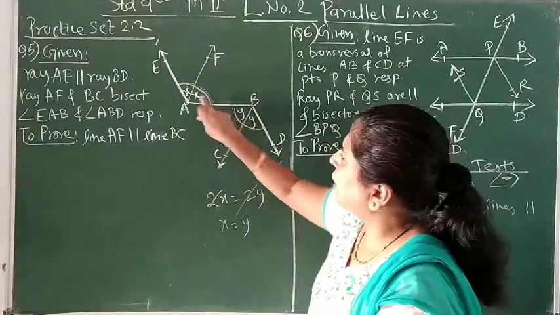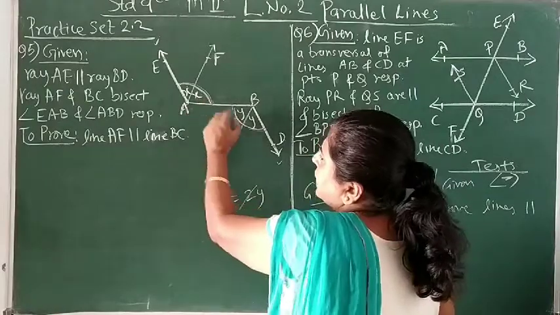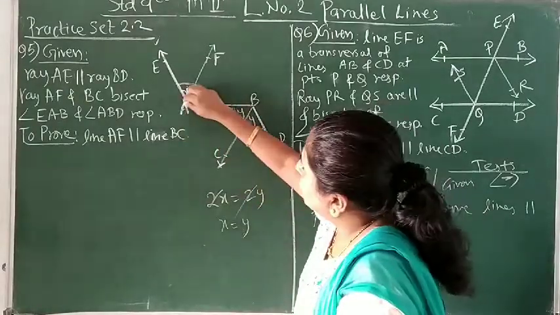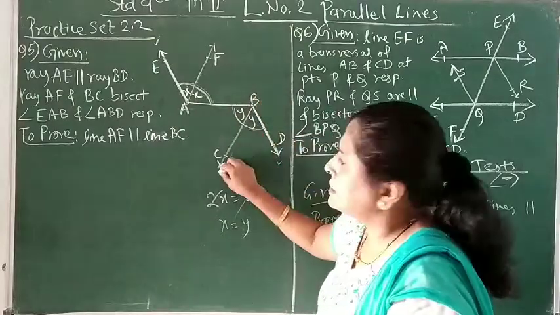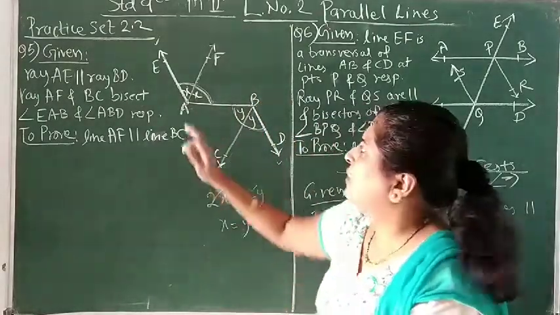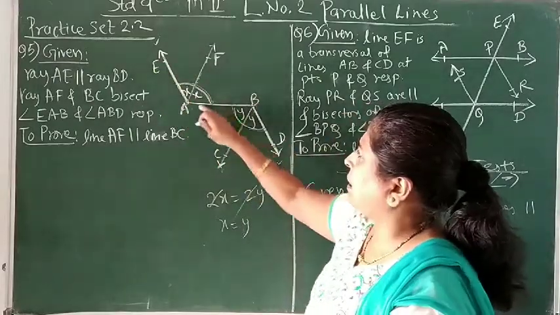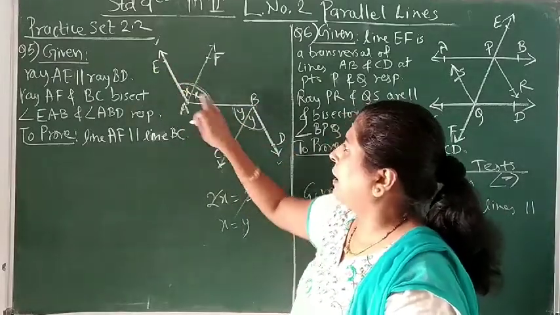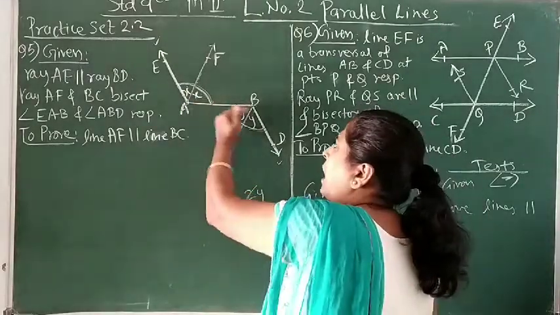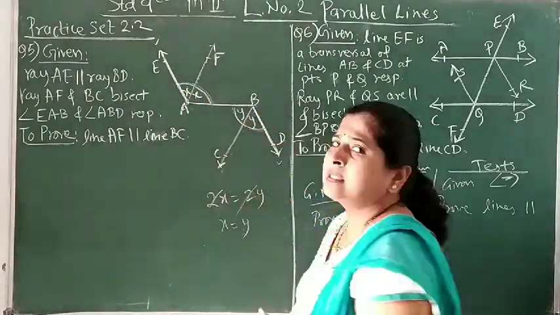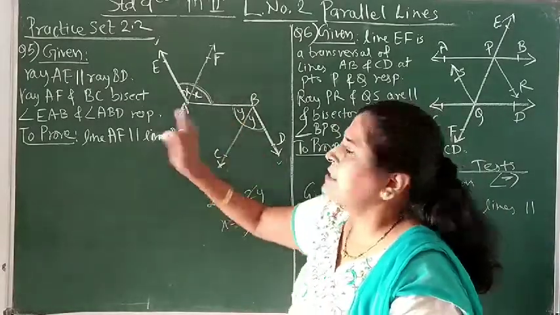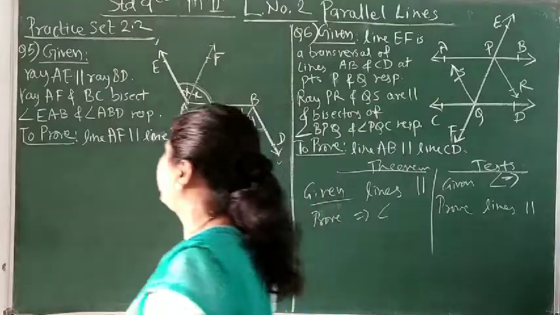So when x and y are equal, this pair of alternate angles is congruent, and then we can say these two lines are parallel by the alternate angle test. So first we use these two parallel lines with the transversal and the alternate angle theorem, make half of it, and then use the alternate angle test to show the required two lines parallel. This is the way we are going to do it.